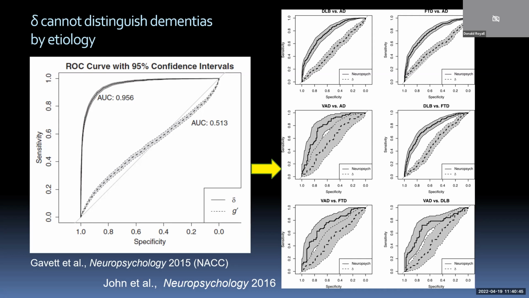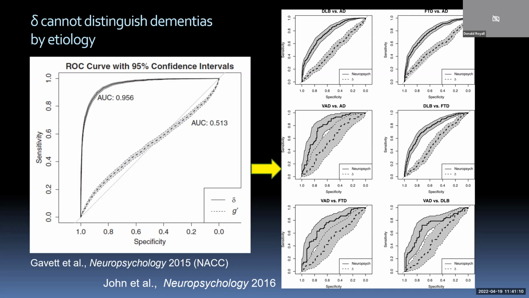And in every case, D was useless for that discrimination, and it was better made by an index developed from the observed cognitive test scores. So in other words, the domain-specific variance in the observed measures. So D itself, though, was totally unable to make any of these distinctions.